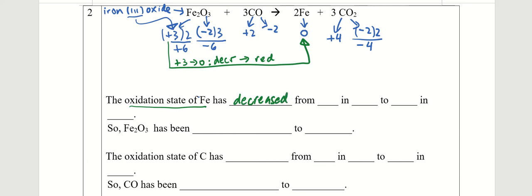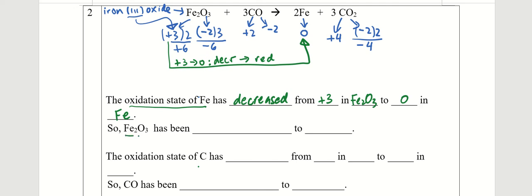Okay, what did it decrease from? It decreased from +3 in, what was the name of the compound? In Fe2O3. It started off at +3 and then it decreased to 0 in iron. You can see that the oxidation state of iron here in the final compound is 0.